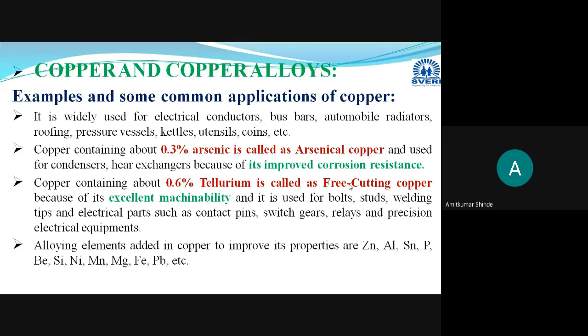So these are some specific coppers with the addition of specific elements. When you add 0.3% arsenic to copper, it is termed arsenical copper, which provides better corrosion resistance and can be used to manufacture parts for condensers and heat exchangers.